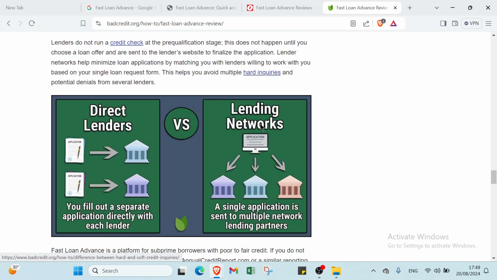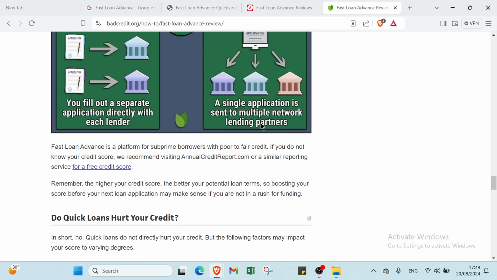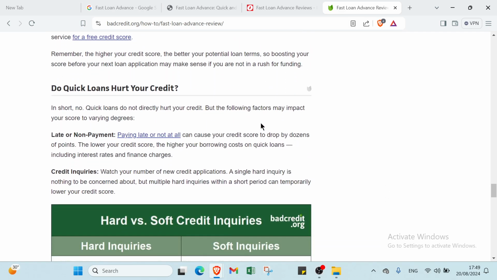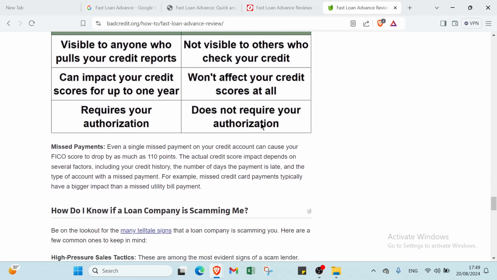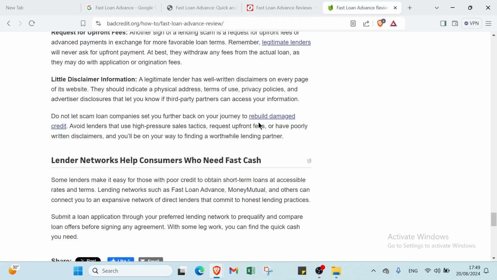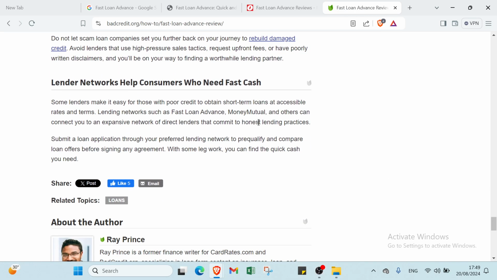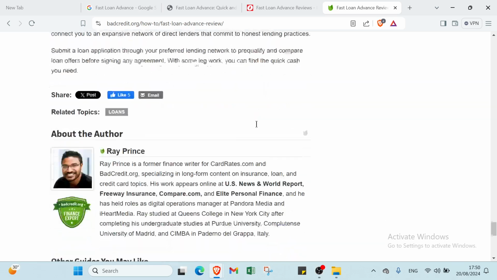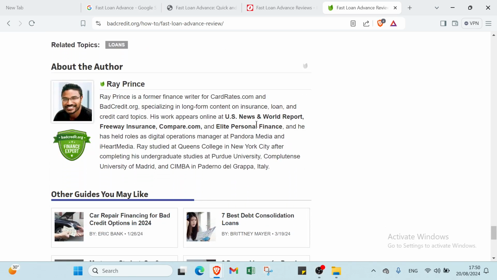Then we have be cautious with lenders. Choose reputable lenders, and avoid those with hidden fees or predatory practices. Verify their legitimacy and read customer reviews if available. Then we have monitor your financial health. Regularly review your financial situation and loan status to stay on top of your obligations and make adjustments if needed.